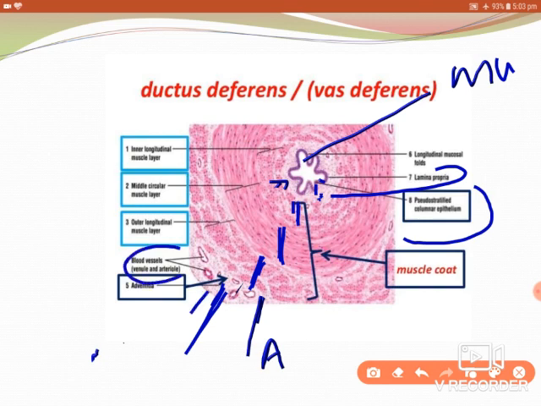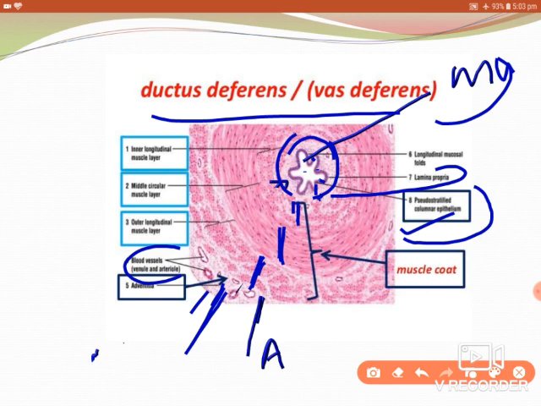This is the lumen of the vas deferens. The mucosa appears as a star-shaped lumen because of foldings. The lining epithelium of the vas deferens is pseudostratified columnar epithelium.